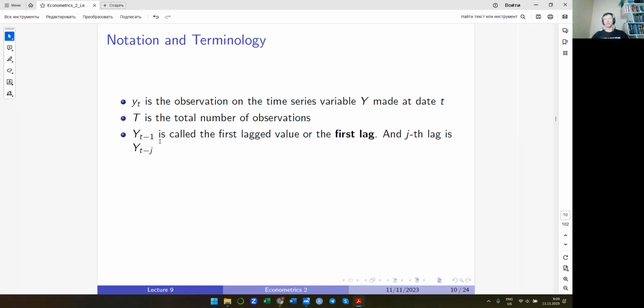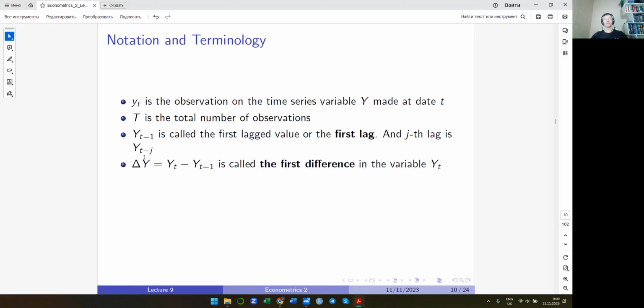Now, Y_{t-1} is going to be called the first lagged value, or the first lag. If you want to go back in the past by j steps, this is going to be the jth lag, and it is going to be denoted with capital Y_{t-j}. Right? So lag is an important concept in time series. This is the same variable, but observed one period before, or 2 periods before, or j periods before.